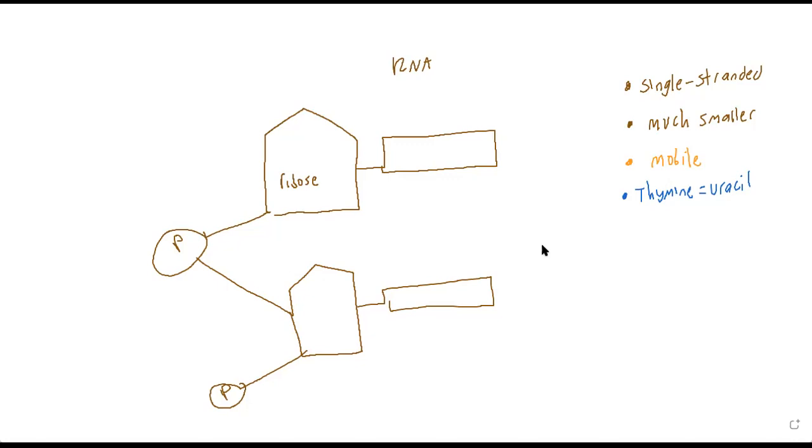But uracil is a decent substitute. Everything else is the same though. So for the intents and purposes of this course, uracil acts the same as thymine. You just have to remember to substitute it.